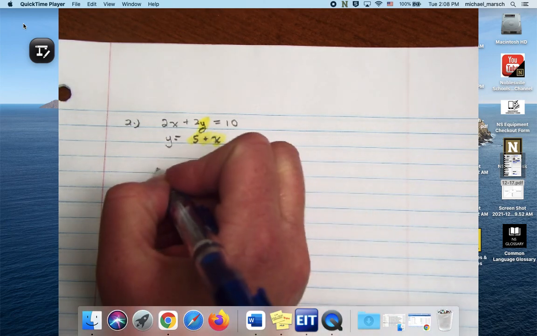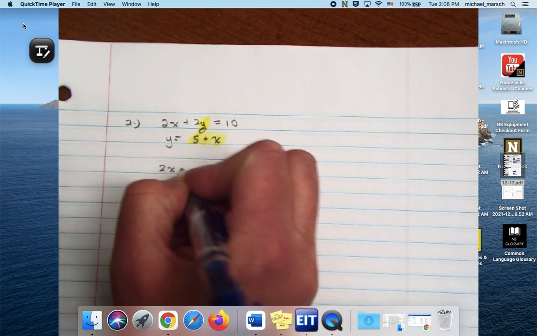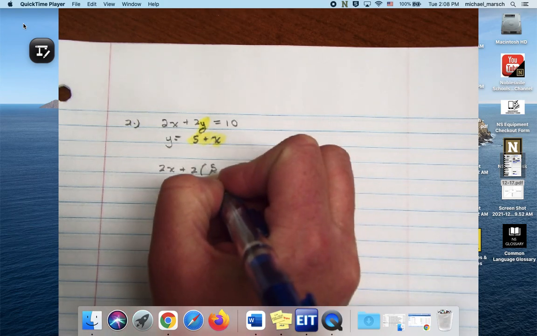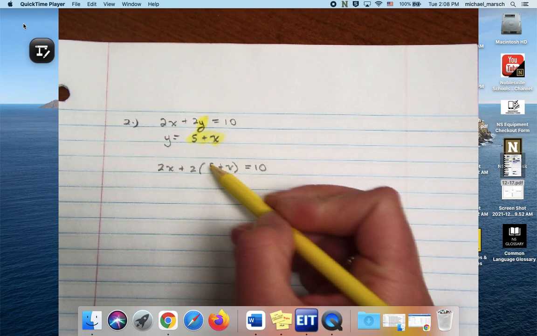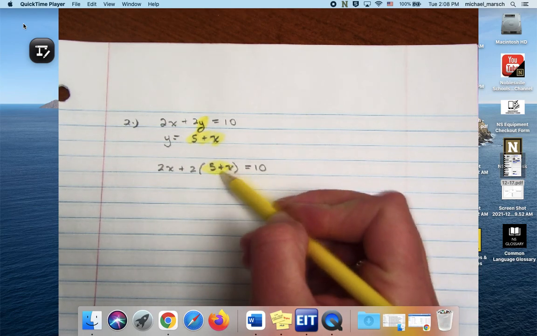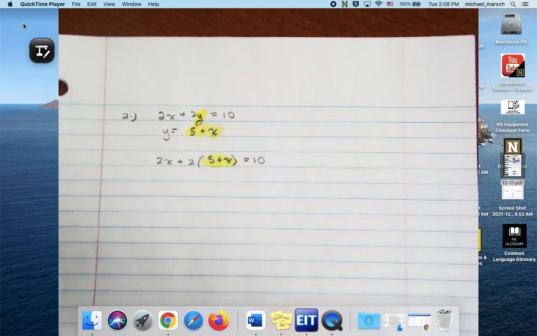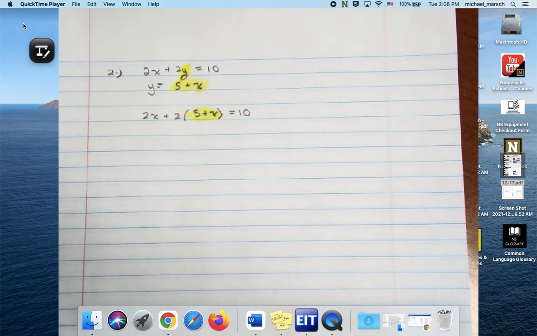So now I'm going to end up with 2x plus 2 times the quantity 5 plus x equals 10. And then I'm going to find the value of x.